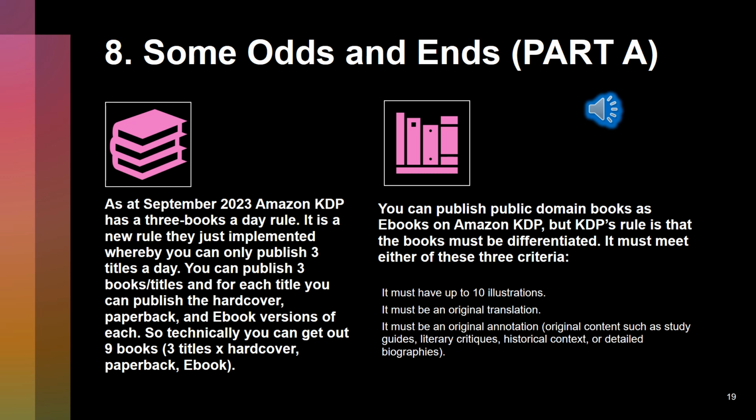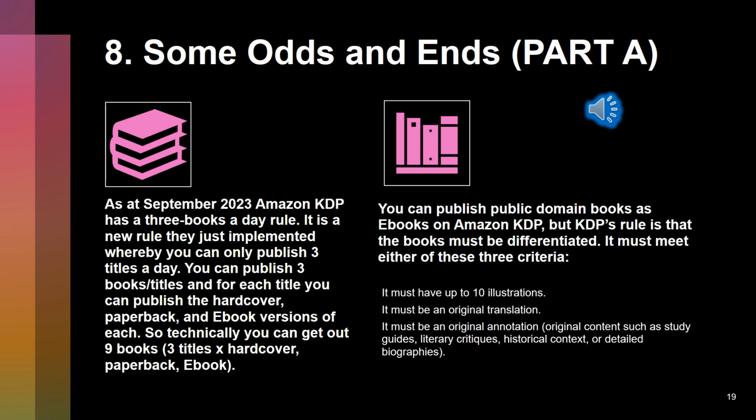And with ChatGPT, it's easy to create that. It's easy to create a study guide. It's easy to create a historical context or a detailed biography of the writers or people in the book. For instance, if you are trying to create a Kindle version, an ebook version of a book like a Shakespeare book with different characters, you would create the historical context of, let's say, Macbeth.